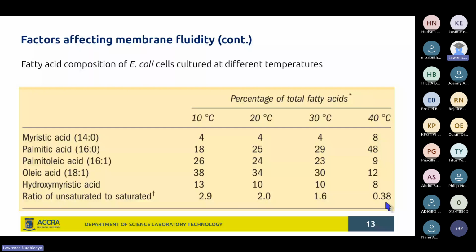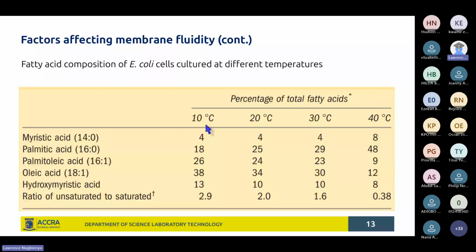From 10 degrees, where you have 2.9 for that ratio of unsaturated to saturated fatty acids. That is high, meaning there were more unsaturated fatty acids synthesized by this organism, because at this lesser temperature, there will be lesser agitation of the membrane components, which means there will be less fluidity.